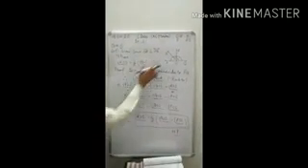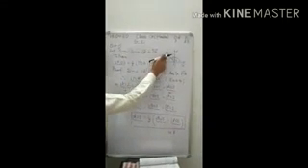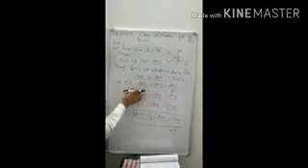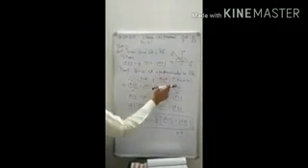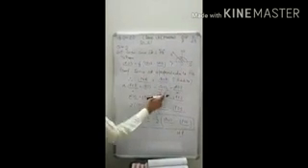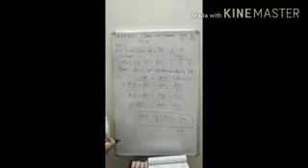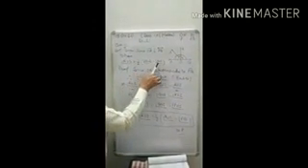Now this angle POR is the sum of these two angles, so we write it in this form, and this angle QOR can be written as angle QOS minus angle ROS. Now the question arises, why do we write it like this? Because in the answer we want QOS and POS.